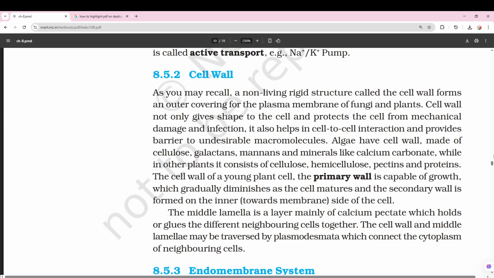The middle lamella is a layer mainly of calcium pectate which holds or glues the different neighboring cells together. The cell wall and the middle lamella may be traversed by plasmodesmata which connect the cytoplasm of neighboring cells.